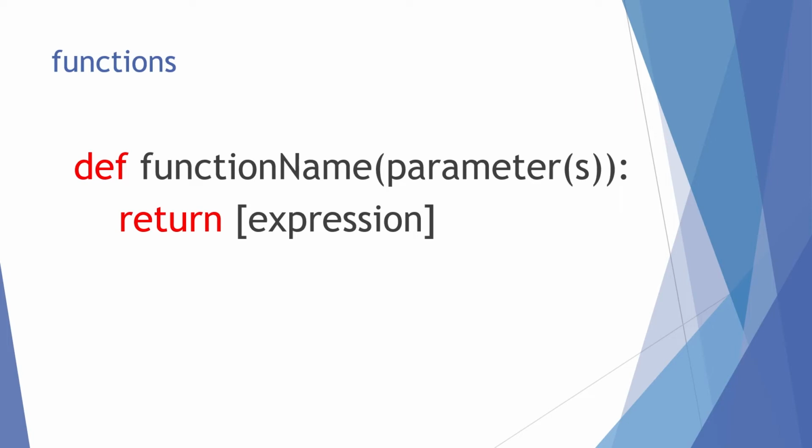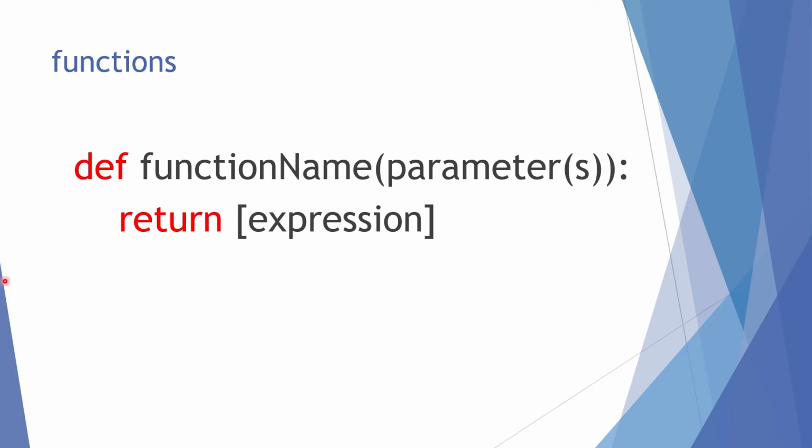Here we see the statement is as follows. We have this def keyword. It tells the program that the indented code from the next line onwards is part of the function. Return is the keyword that we use to return an answer from the function. There can be more than one return statement in a function, but once the function executes a return statement, the function will exit.